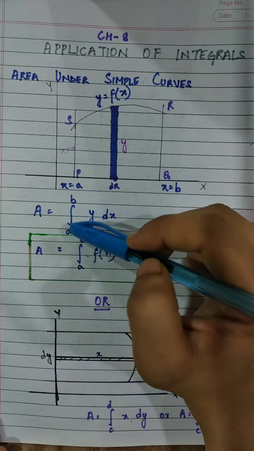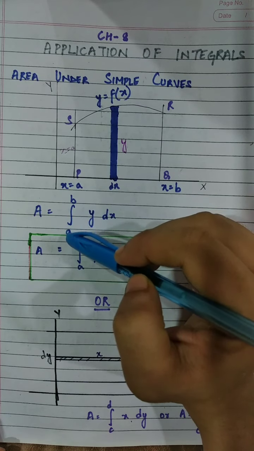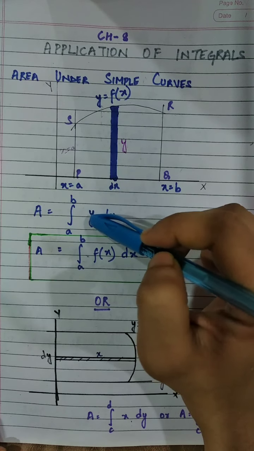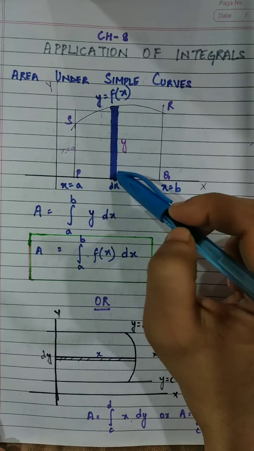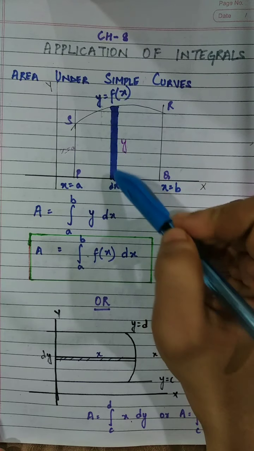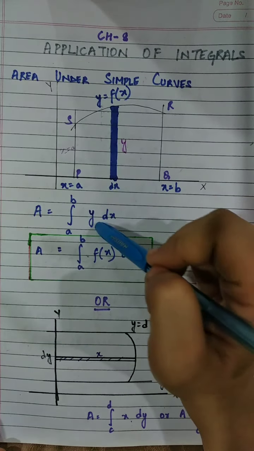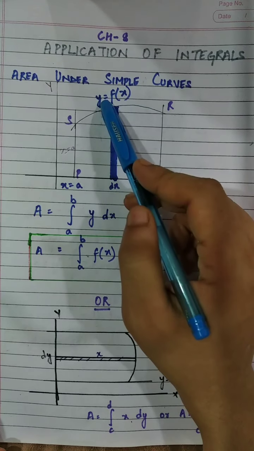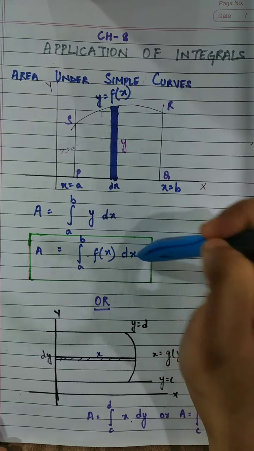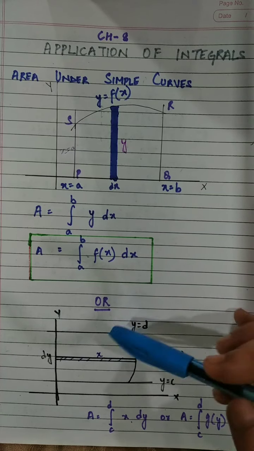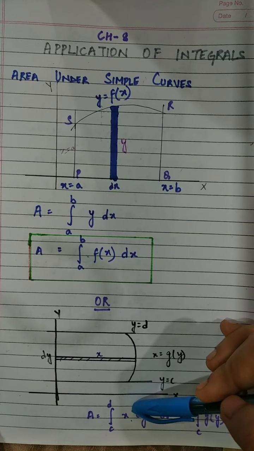So A is equal to the integral from a to b, that is lower limit a, upper limit b, of y dx. Why are we taking y into dx? Because that will determine the area of the rectangle. It's length into breadth, so y into dx. And what is y equal to? It is f(x) dx.